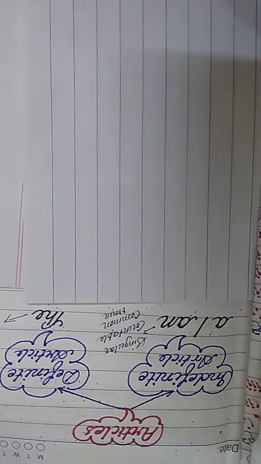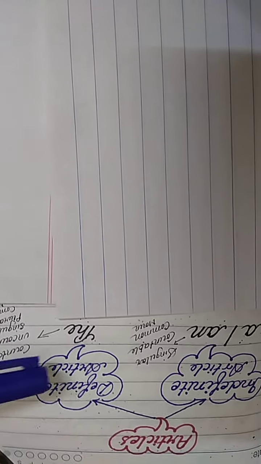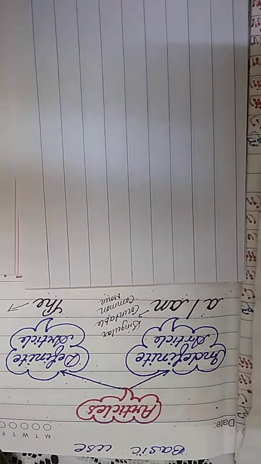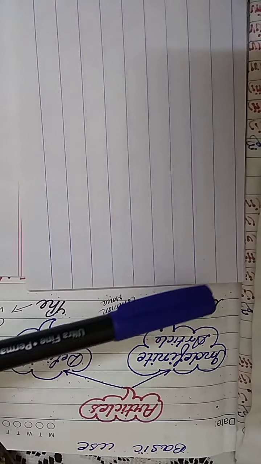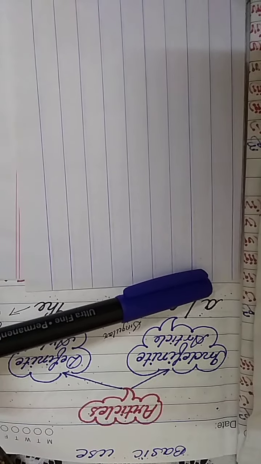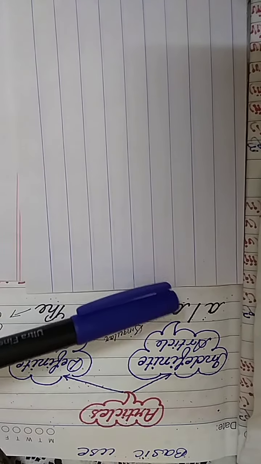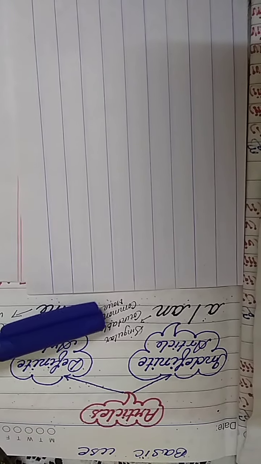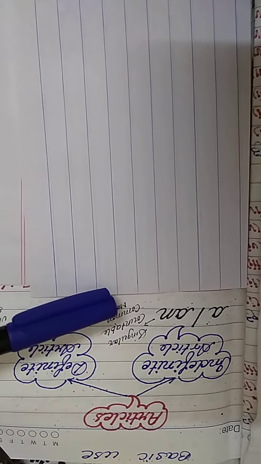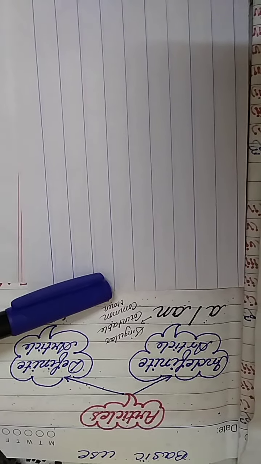The indefinite articles are a or an, whereas the definite article is the. Whether it is a or an, both are used for a singular countable common noun. You have to keep it in mind.